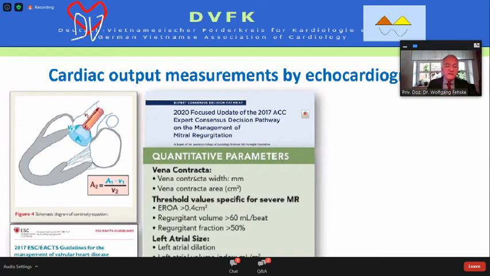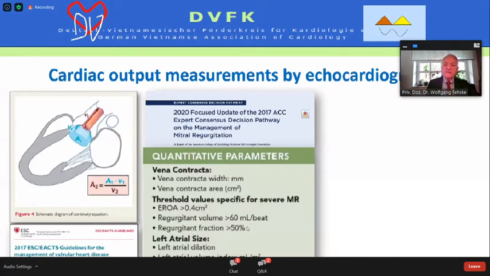What we see in the guidelines, at least the American guidelines, now are regurgitant volumes, which have to be quantified, and we always are talking about the regurgitant fraction. And this has a lot to do with stroke volume measurements.